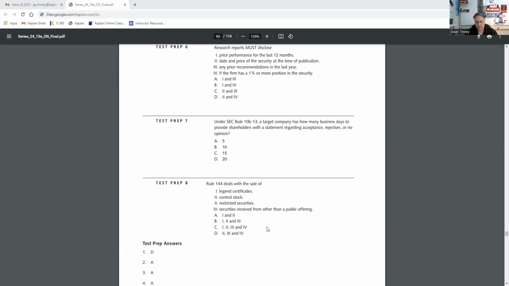Control stock, yes, 144 has volume limitations for control persons, insiders who might sell control stock. That includes their affiliates, their immediate family members. It has to do with restricted securities, absolutely. It has to do with securities you got directly from the issuer, not a public marketplace. I'm paraphrasing, but that's what 4 says. So yes, it's 1, 2, 3, and 4.